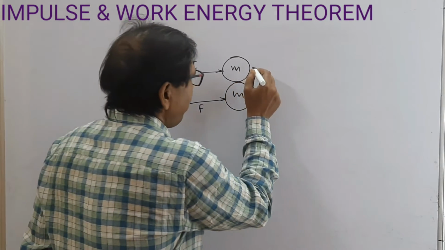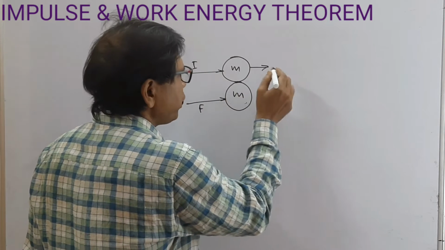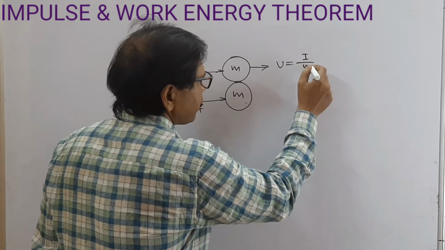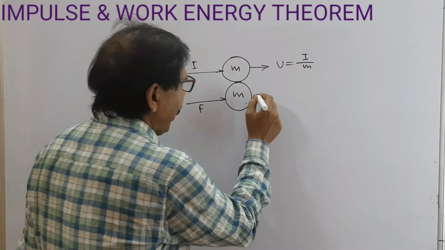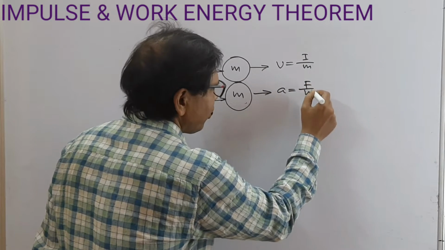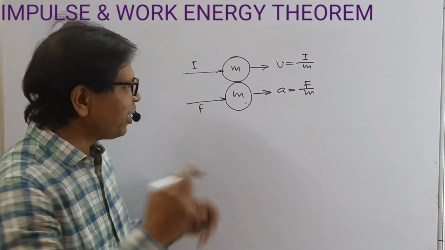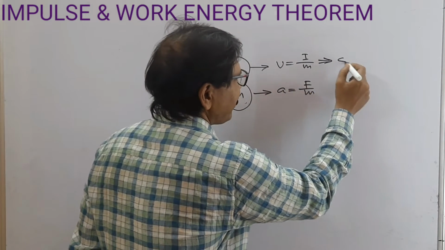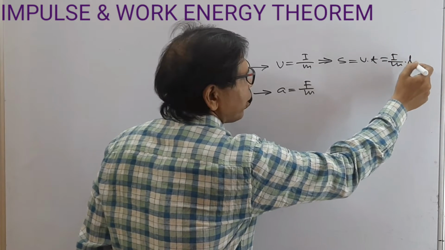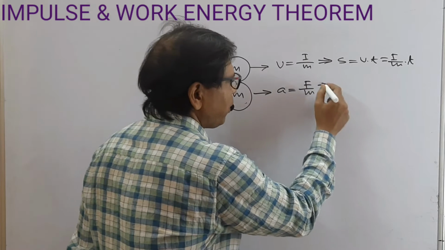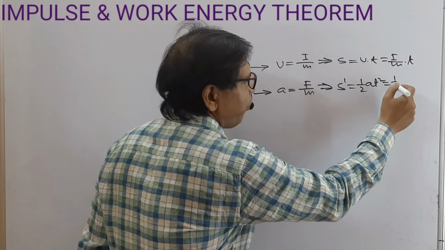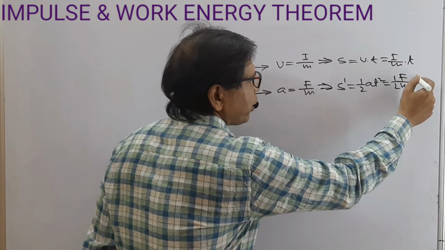The velocity of the body on which impulse acts is v equals impulse by mass, and the acceleration produced in the other body is a equals force by mass. Now the displacement of the first body is s equals v into t, that is I by m into t. And for the other body, the displacement s dash equals half a t square, that is half F by m into t square.